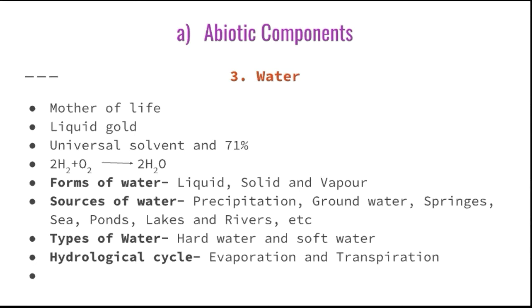Medium is an abiotic environmental factor. The medium is inevitable for the survival of the organism. Every organism has a particular medium. The medium is divided into two types. As per your syllabus, today we will see only one medium, that is water.